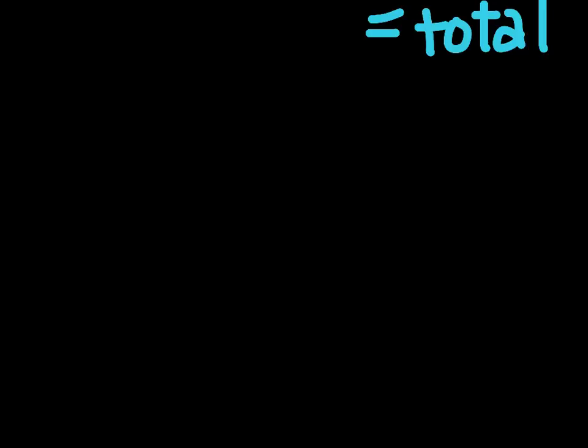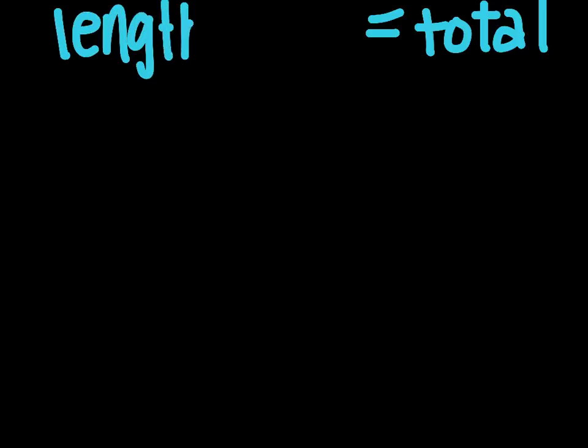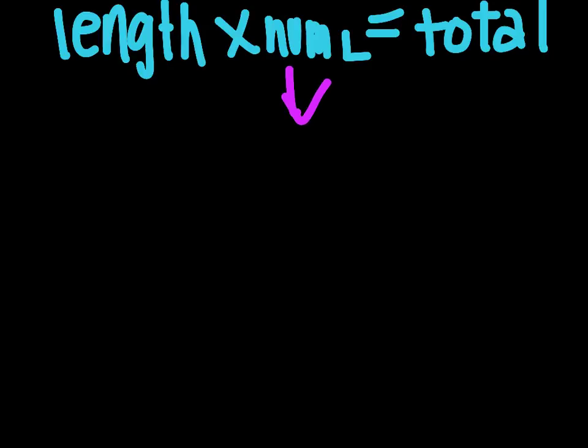Then we saw the distance around the track is 2.5 miles, so that's the length of a lap. The length of the lap, and then we'd multiply that times the number of laps, which we don't know. So the number of laps, put L there. Now we're going to put our variable to what we don't know, which is the number of laps.